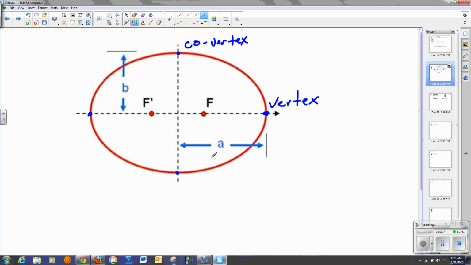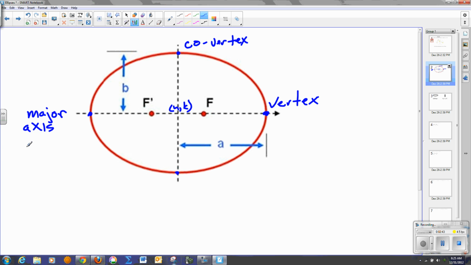Now the axis that all the vertices are on is called the major axis. The length of the major axis is given by the length from vertex to vertex. As noted here, the length from the center, which we're going to call (h, k) in terms of a translated axis, to a vertex is the distance a.